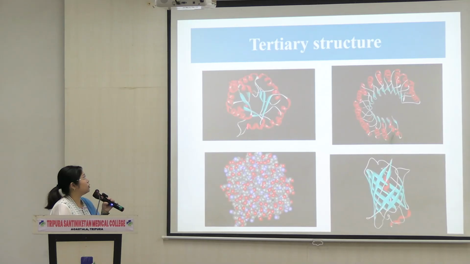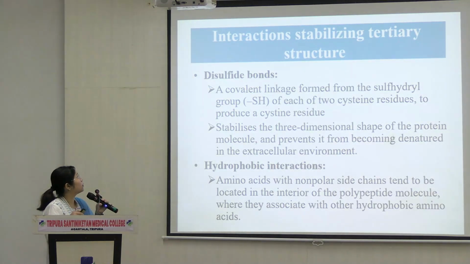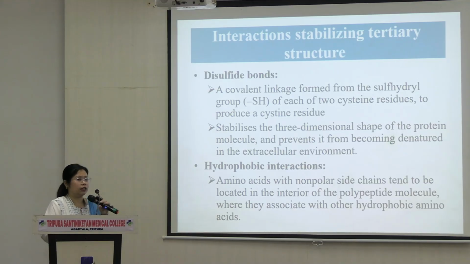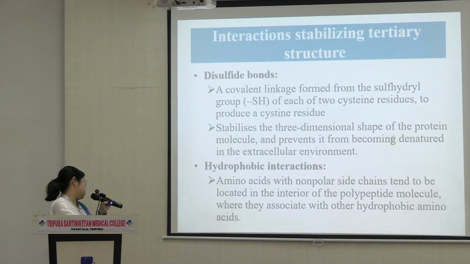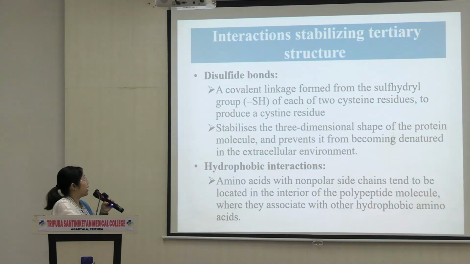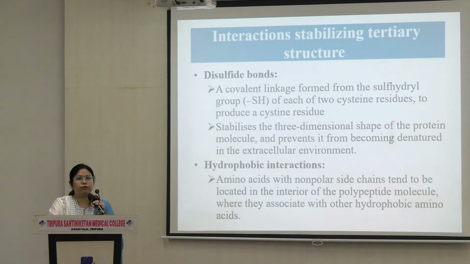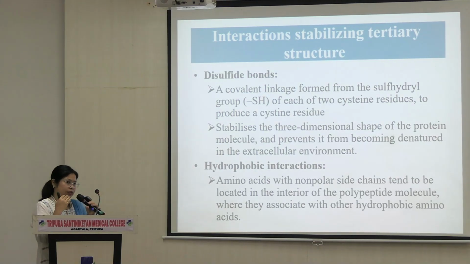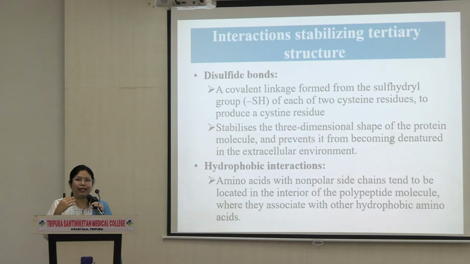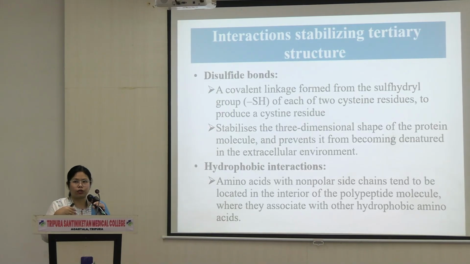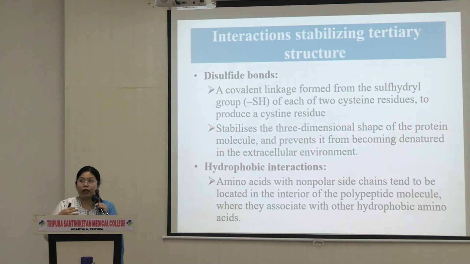Okay, so this is a 3-dimensional structure, right? We see that there are disulfide linkages. There is hydrophobic interaction. See, hydrophobic interaction means that the non-polar side chains of any amino acids also have interaction with each other, with other non-polar groups of the other amino acids.